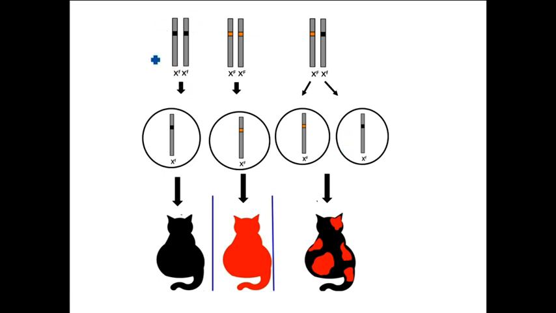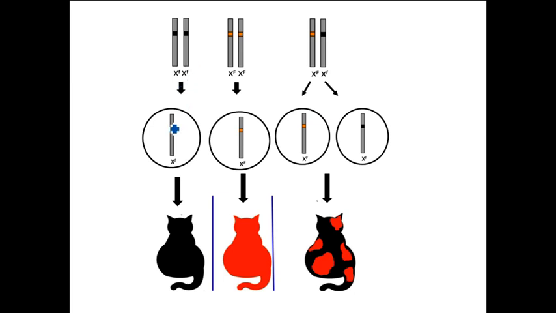Okay, so a female cat that is homozygous recessive for the black fur allele will have in about half of her cells 1 of these X chromosomes inactivated, and half of the other cells the other X chromosome inactivated.